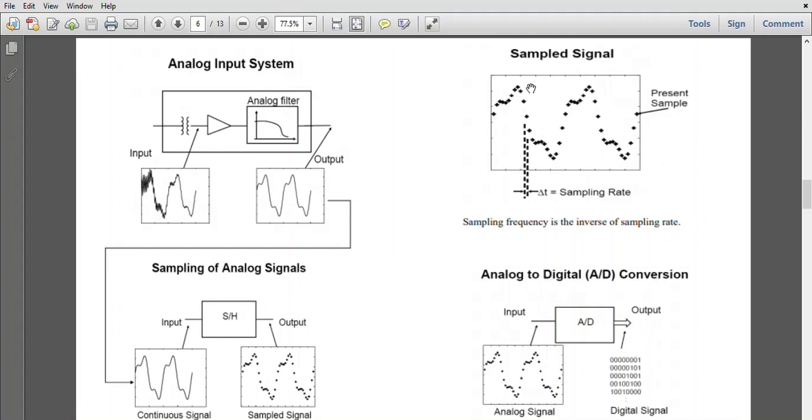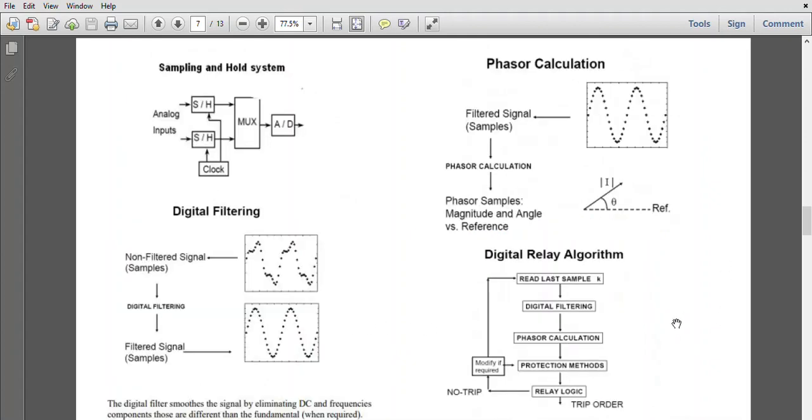The time interval between two samples is known as the sampling rate. With the help of analog to digital conversion, the sample signals, that are analog signals, are converted into digital signals. But for digital filtering purposes, we convert the non-filtered digital signals, that is the samples, into digitally filtered signals.